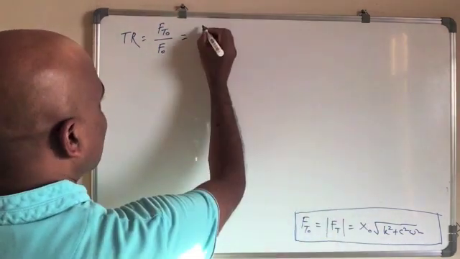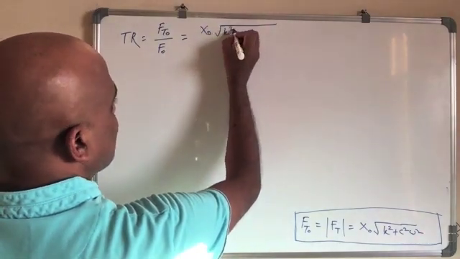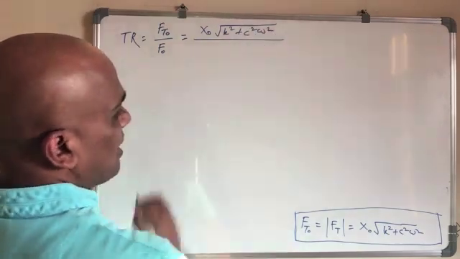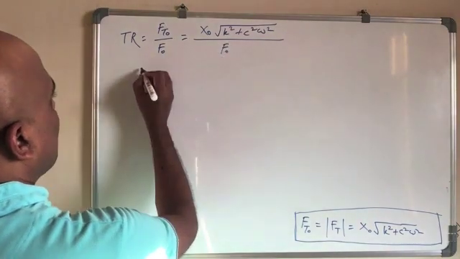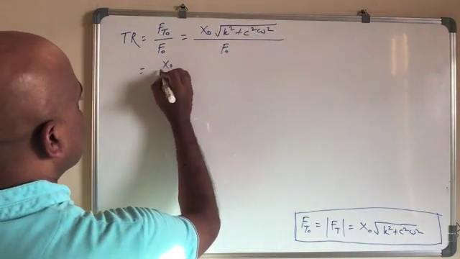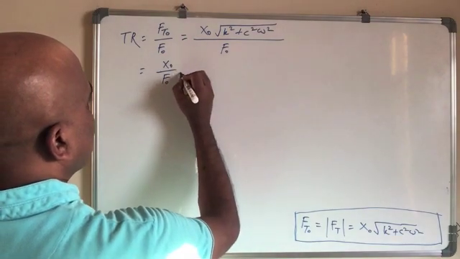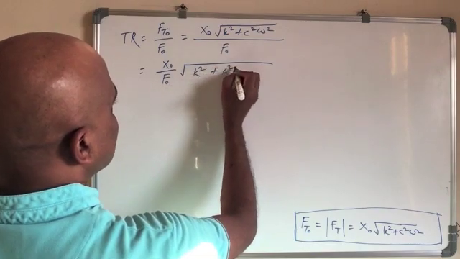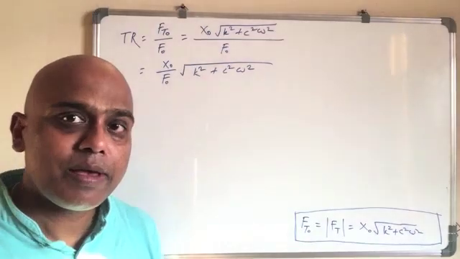So that means we have X0 root of k squared plus c squared omega squared divided by F0, which is equal to X0 over F0 times root of k squared plus c squared omega squared.